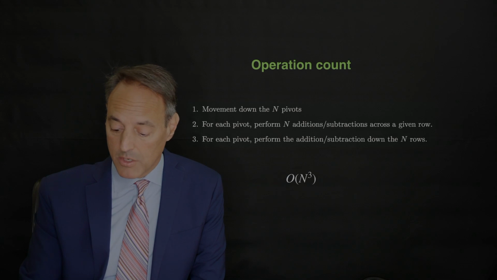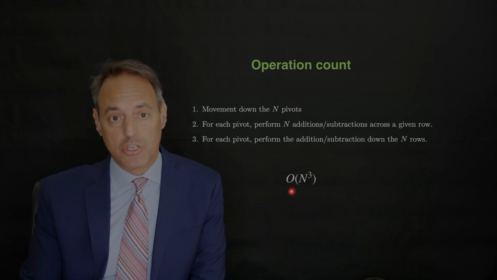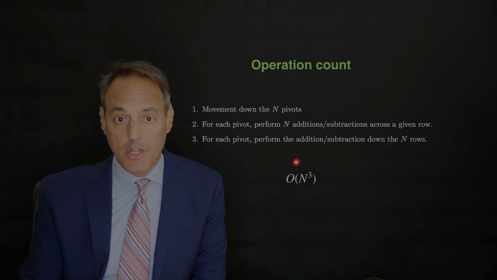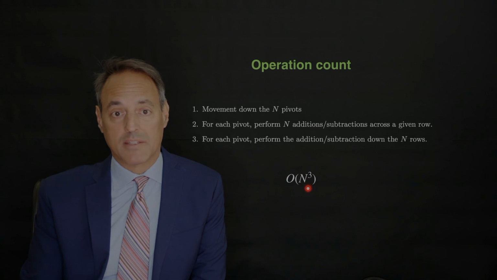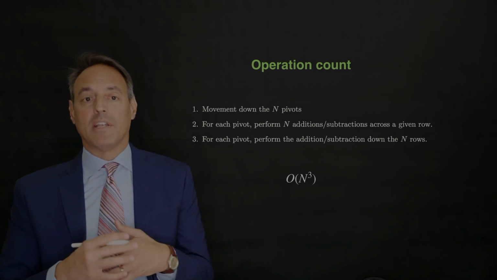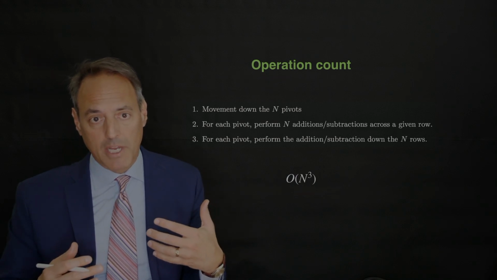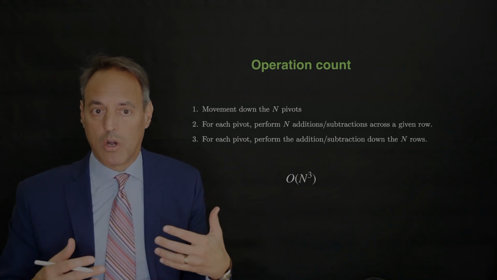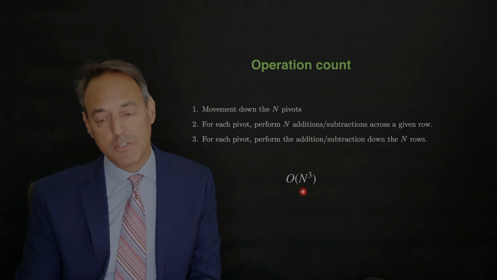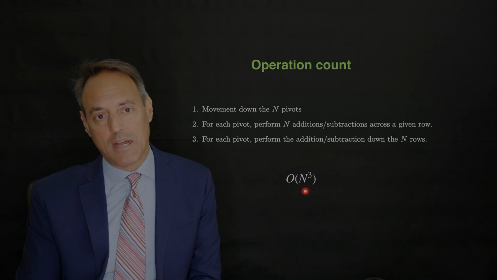In other words, this O represents just an order of operation. And this is what's important, that in fact, this operation count goes like the cube. So if you have really large matrices, it's not like if I double the size of my matrix, my computation is twice as long. What this tells you is, if you double the size of your matrix, because of that cube, it's 8 times as long.